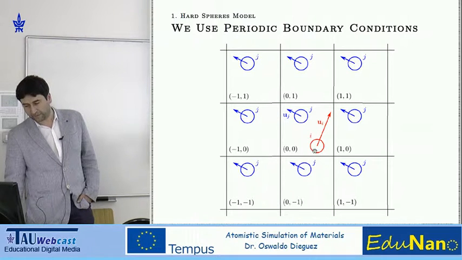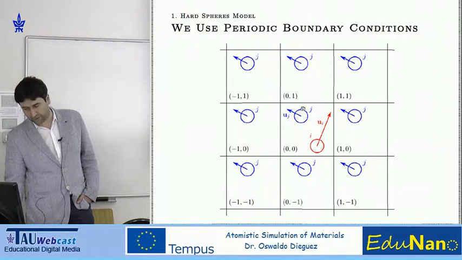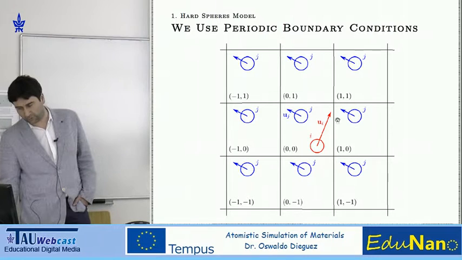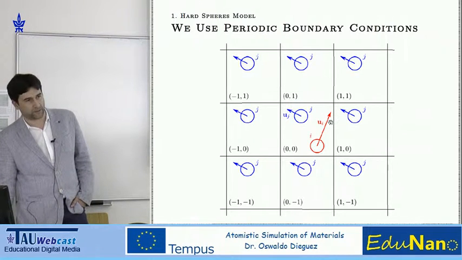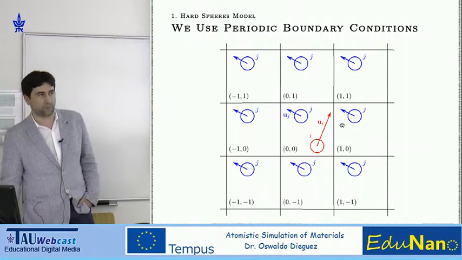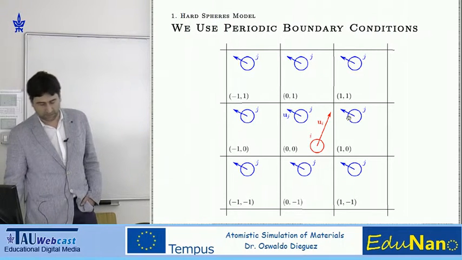This ball might collide with any of the copies. Everything goes on only in the central box, but just because this one goes this way and that one goes that way doesn't mean they don't collide. This one, which is a copy of that one, will come back through here, and they will collide here. Actually, the example was drawn so that they would collide.